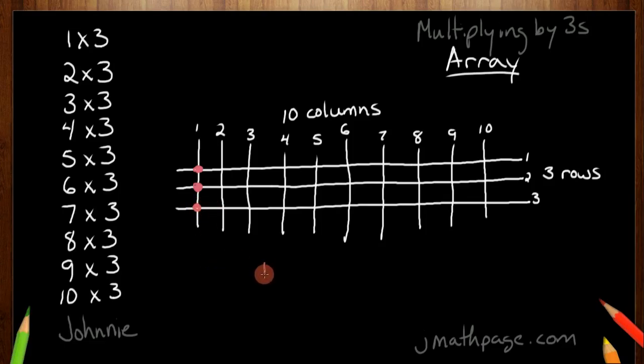So I'm now marking the intersections. And this is going to help us with our multiplication. So let's think about that. 1 column, 3 rows. How many intersections? 1, 2, 3. Okay. So we could say that 1 column and 3 rows makes 3 intersections.